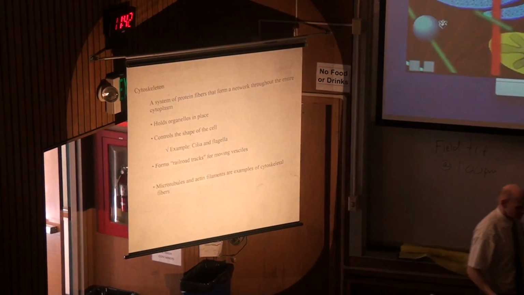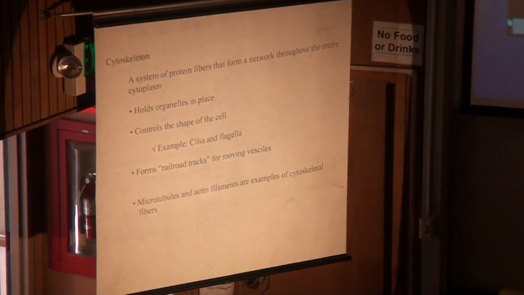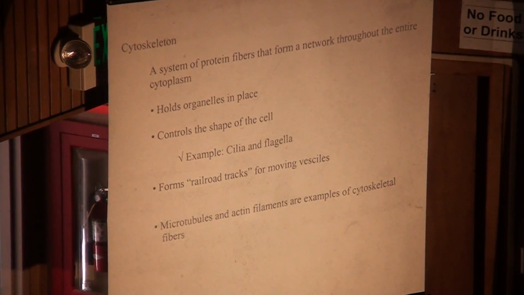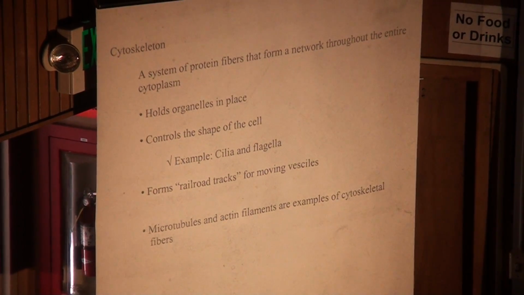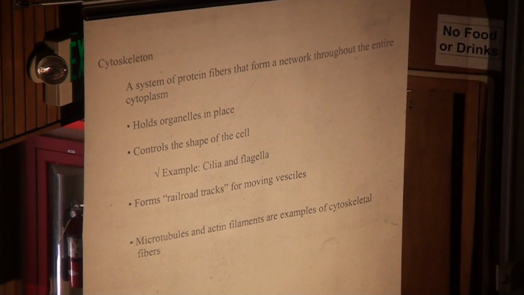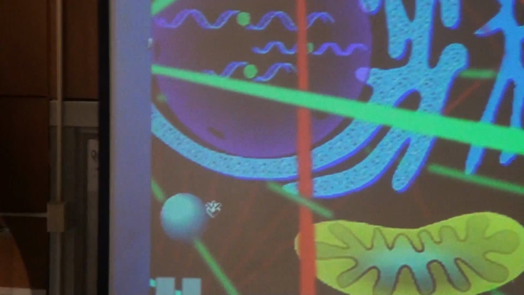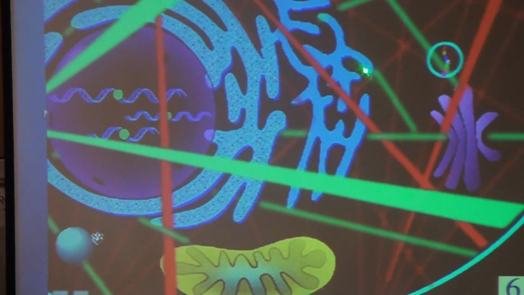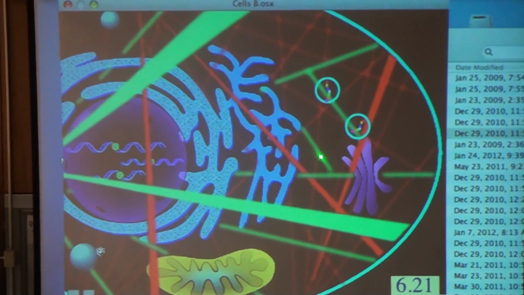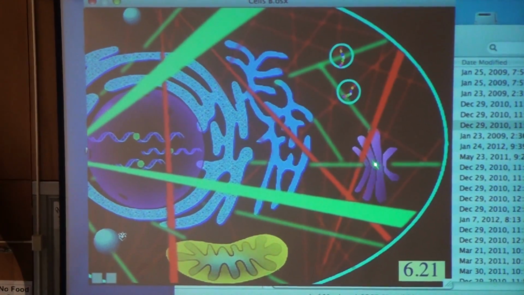So remember, the vesicles are those little tiny membranous spheres that carry stuff from one organelle to another. You might have wondered, matter of fact, I think somebody did wonder when I showed this earlier, how the vesicles know where they're supposed to go. Like when a vesicle is launched from the smooth ER, how does it know to drift over to the Golgi body?